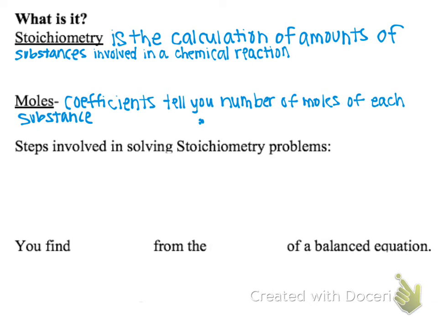So the steps involved in solving stoichiometry problems, there's 3 steps. Step 1, you need to make sure the chemical equation is balanced. Second step is you need to convert grams to moles if needed.